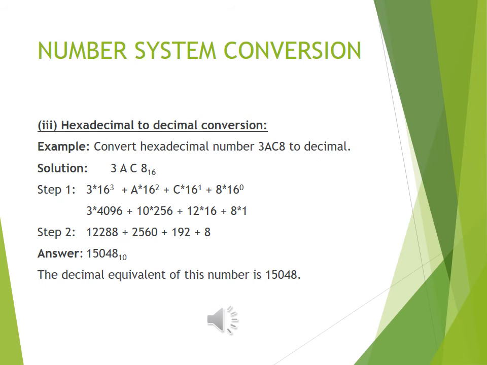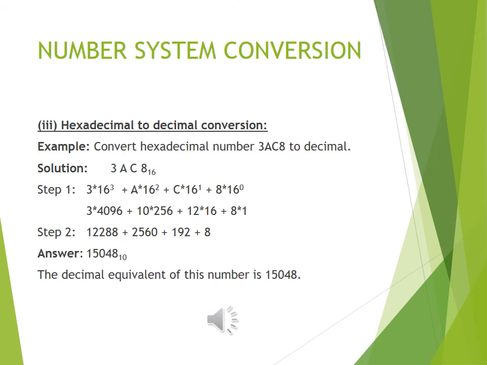The last conversion to decimal is from hexadecimal. We have given a question 3AC8 which is in hexadecimal and we have to convert it into a decimal number. Same procedure we will apply.